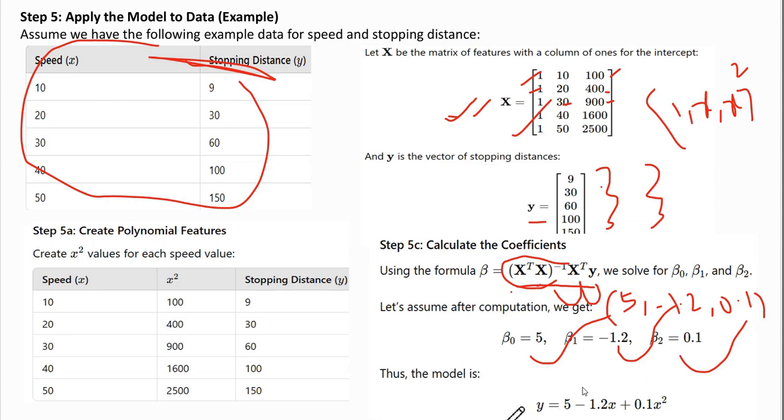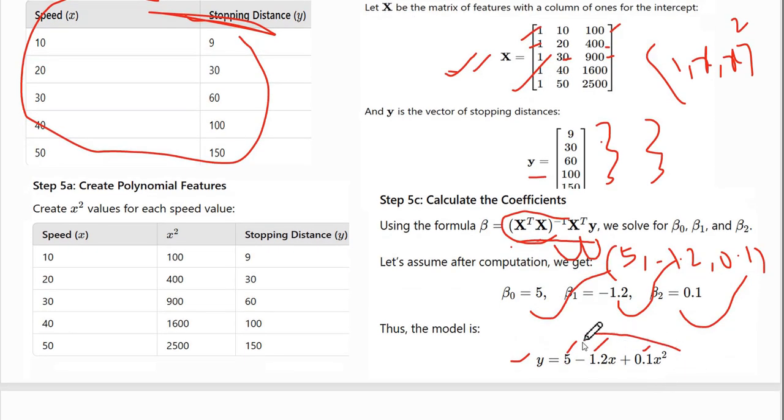Now simply we are substituting in the polynomial regression equation: y equal to beta naught plus beta 1 x plus beta 2 x square. We are substituting the beta naught value, beta 1 value, beta 2 value. Clear? Then this is the final model equation for the given data set.